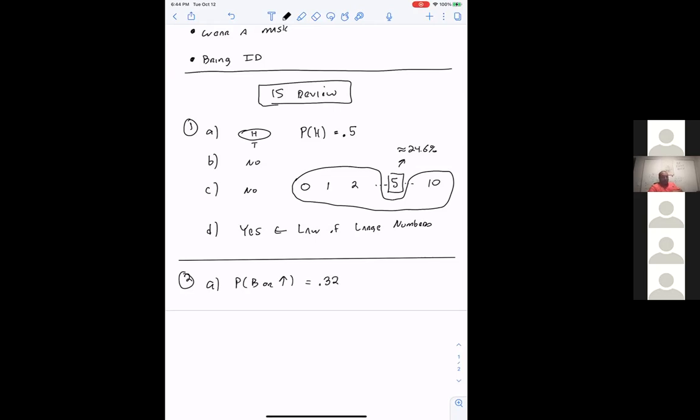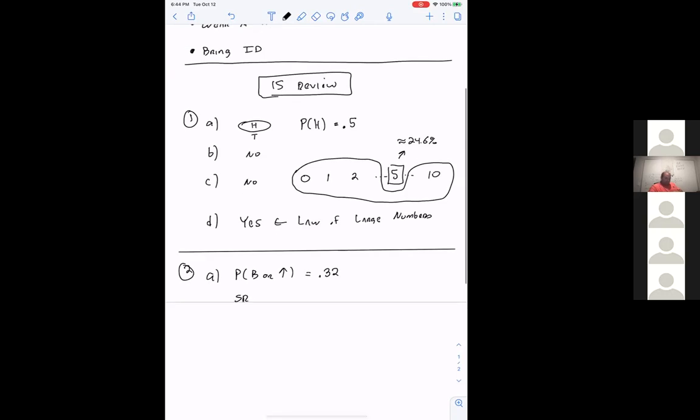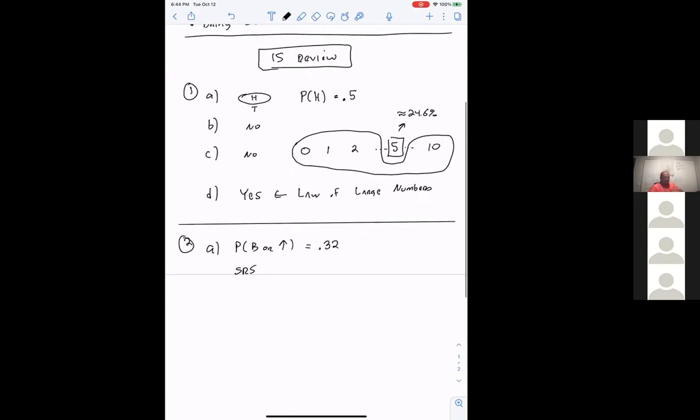Suppose an SRS of Americans 25 years old or older is taken, which is the population under consideration. What is the probability that a particular member of the sample has a bachelor's degree or higher? One person, what's the probability that that one person has a bachelor's degree or higher?